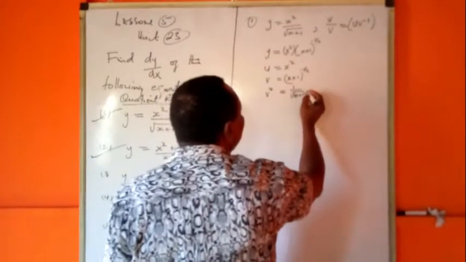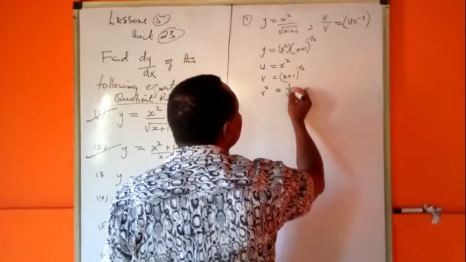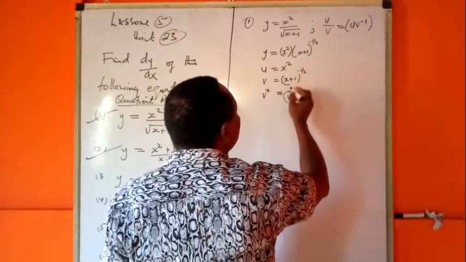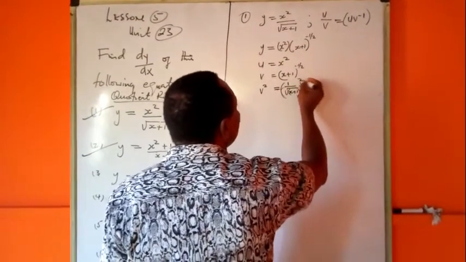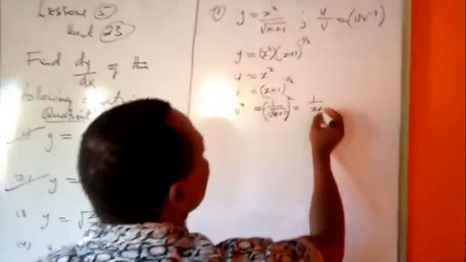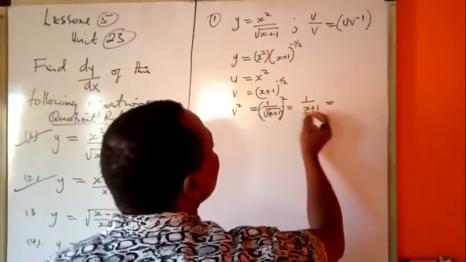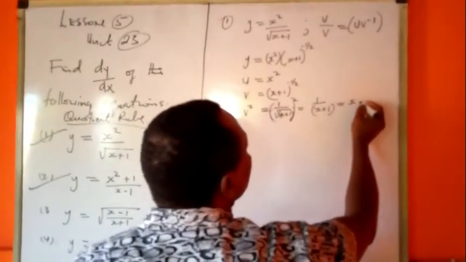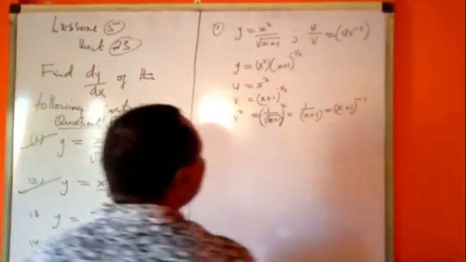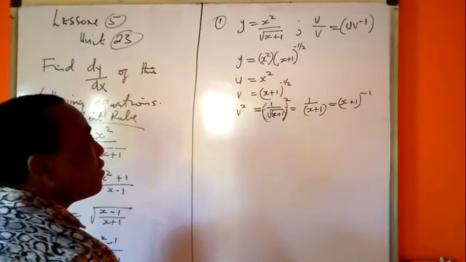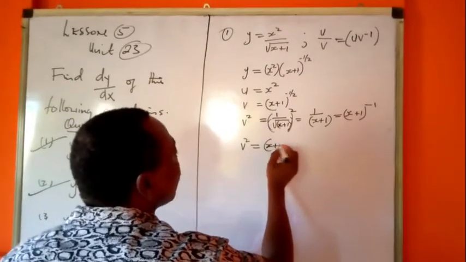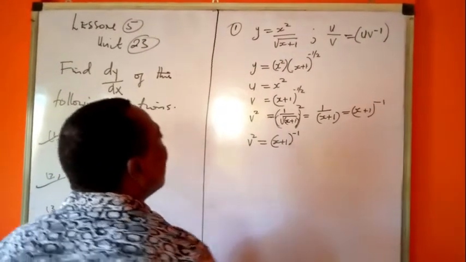If you square this one, you are squaring the whole. When you say v squared, it means you are squaring the whole. So what you have there is 1 all over x plus 1, which you can translate to be x plus 1 raised to power minus 1. So that's the best way to do this, so that you now know that your v squared is equal to x plus 1 raised to power minus 1.